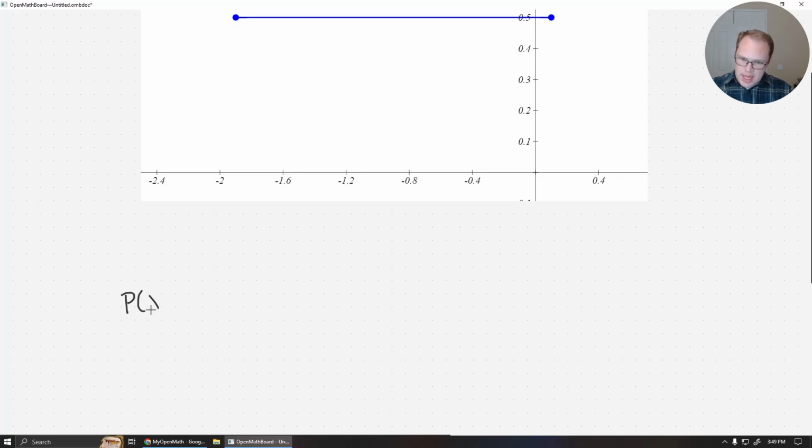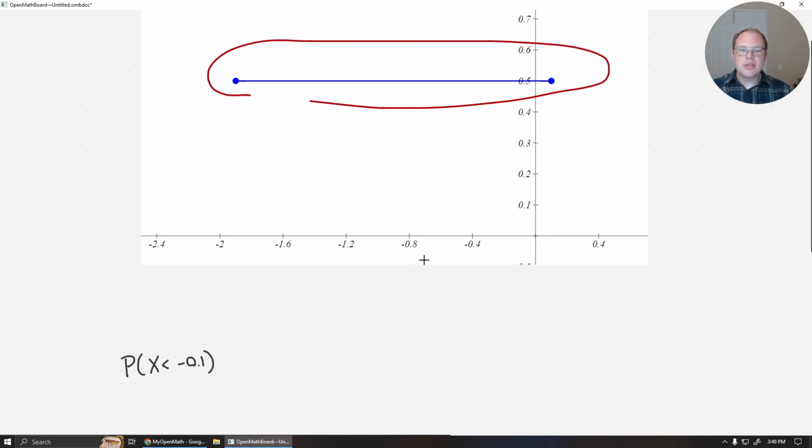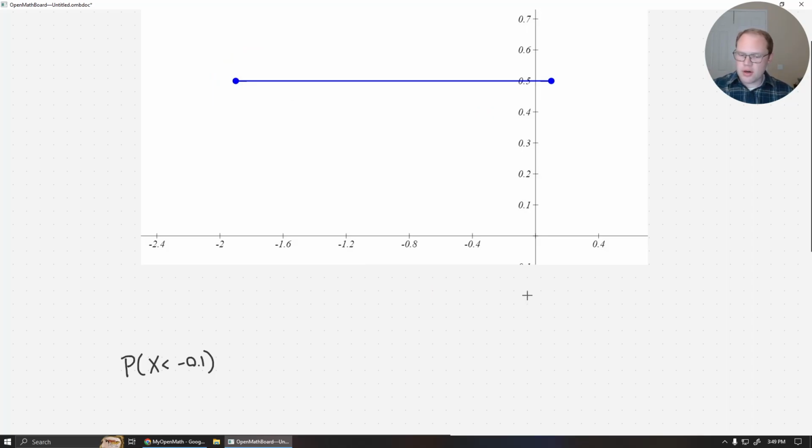We want the probability that x is less than negative 0.1. Remember, the key here is that probability equals area. The probability we're looking for is the area of that region underneath the curve, or underneath the function. In this case, our curve isn't very curvy, but mathematicians still call it a curve. So I'm going to find that negative 0.1.